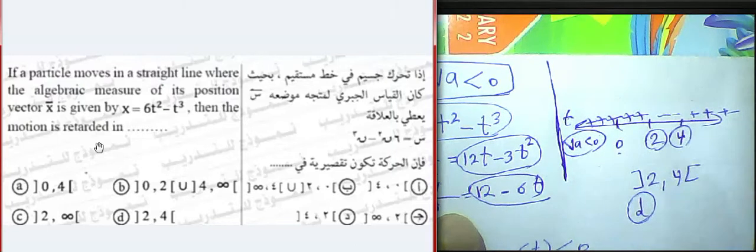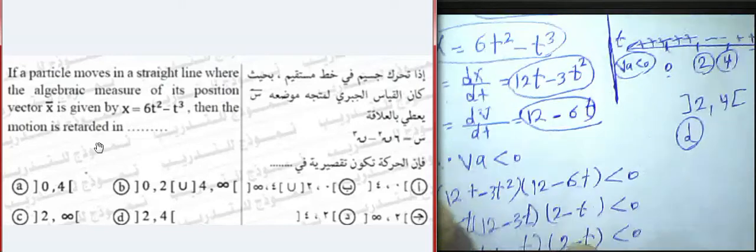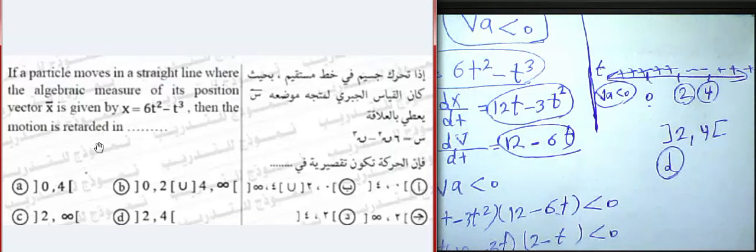Between 2 and 4 the sign will be negative, and outside it is positive, because negative multiplied by negative equals positive. It's second degree, so we assign positive and positive, and inside them negative. We must find v multiplied by a less than 0 at the open interval 2 to 4, so the result will be letter D.